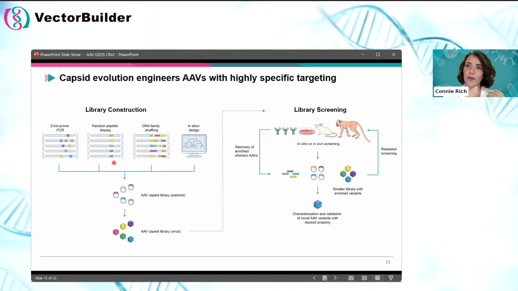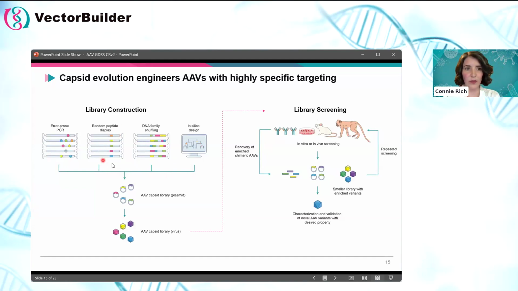Now, in addition to better interacting with your specific target and enhancing specificity, you can also screen for capsids with higher transduction rates, as well as capsids that are better able to evade immune detection. That is one issue we'll talk about shortly with AAV: there can be existing immunity that results in neutralization of your AAV, which is a matter of significant concern for clinical applications.